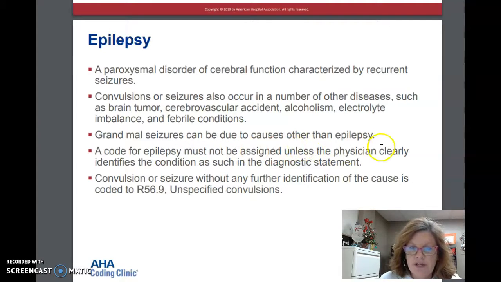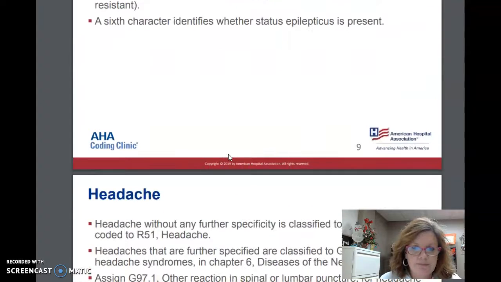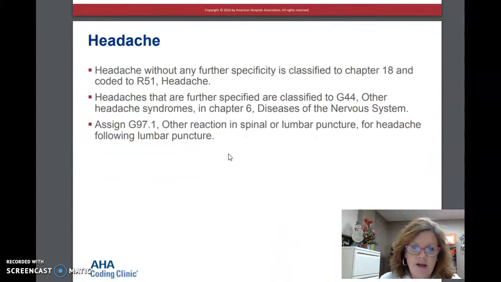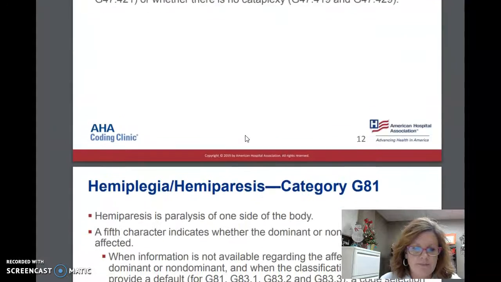The physician themselves has to clearly identify that condition, stating that before you can code it. So again, don't ever code epilepsy if a patient had a seizure. You don't know why they had that seizure. Okay, headache, it's all in this section too, with migraines.